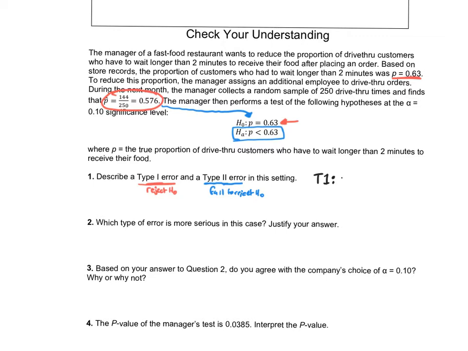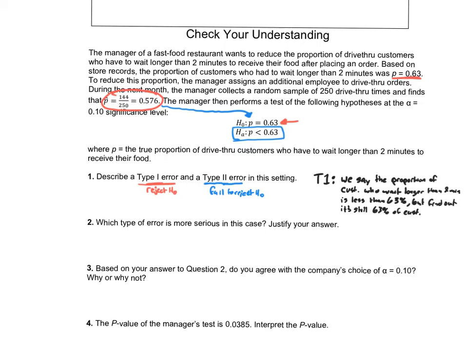A type 1 error is when we say the proportion of customers who wait longer than 2 minutes is less than 63%, but find out it's still 63% of the customers.